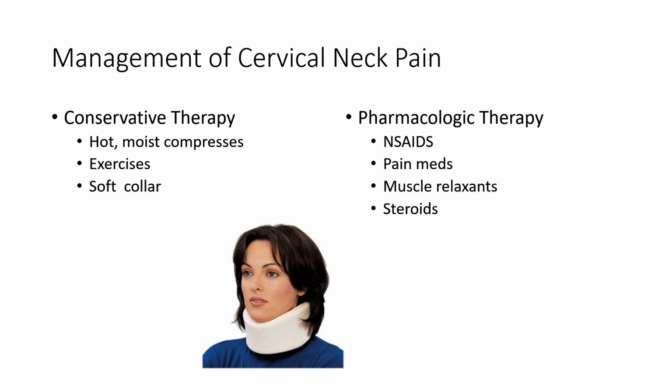Pharmacological therapy would include NSAIDs, pain medications, and muscle relaxants, much like the low back pain patients. And sometimes they will use a short course of steroids to see if they can cut the inflammation around those nerve roots and see if they can get the patient some relief. But this would be a short-term steroid burst.